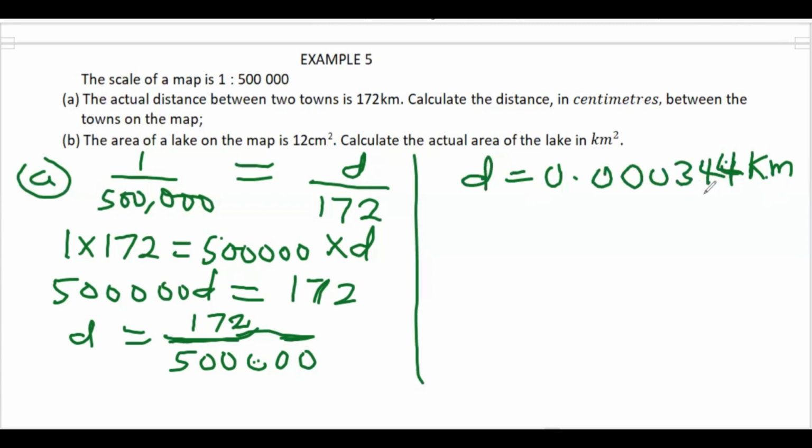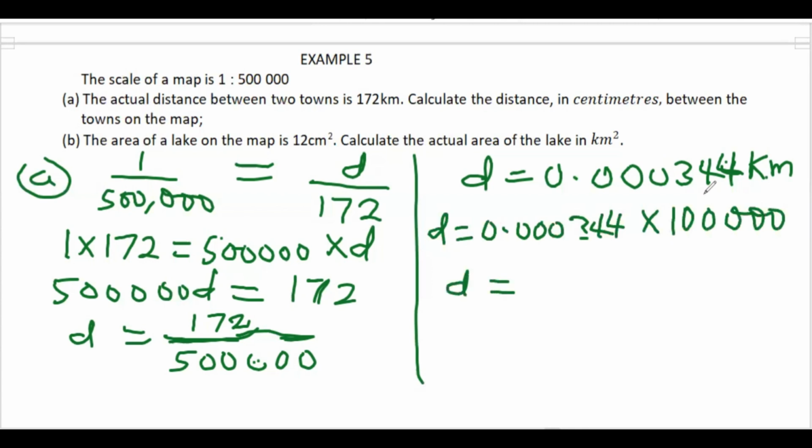We multiply this answer by 100,000, so 0.000344 times 100,000 gives 34.4 centimeters.